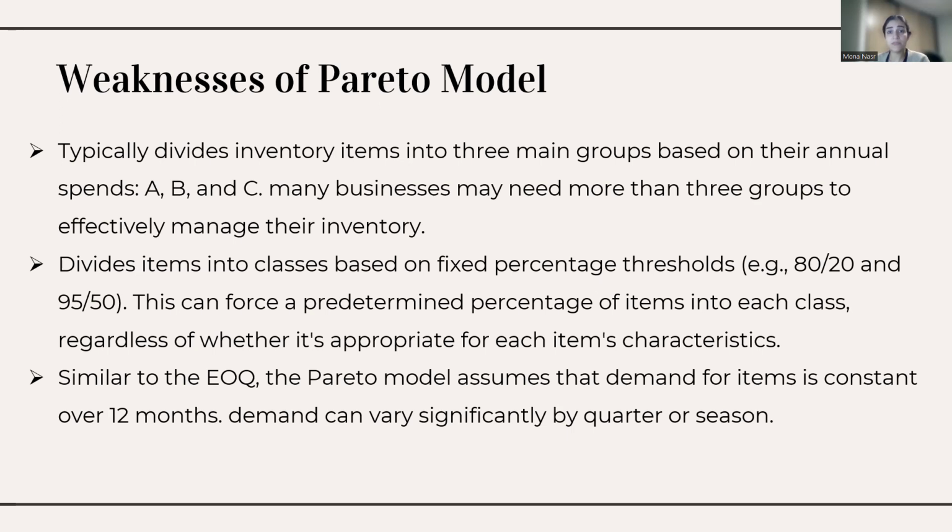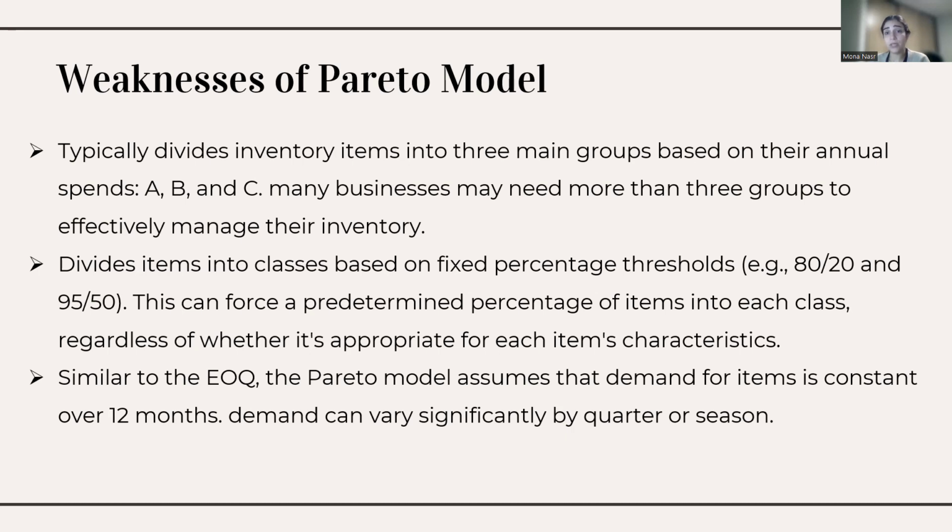The model divides items into classes based on fixed percentage thresholds, for example, 80-20 and 95-5. This approach can force a certain percentage of items into each class, regardless of whether it's appropriate for each item's characteristics.